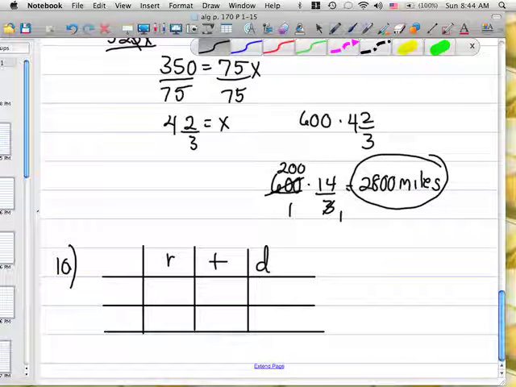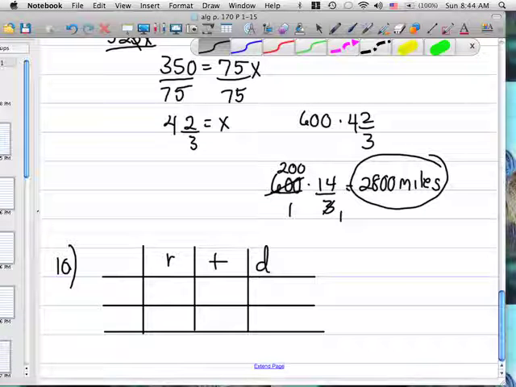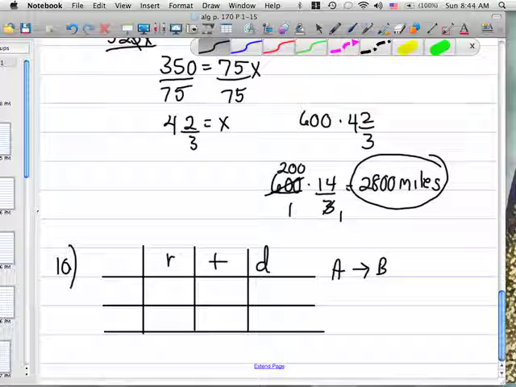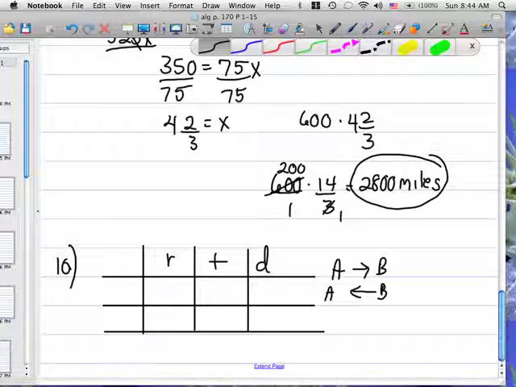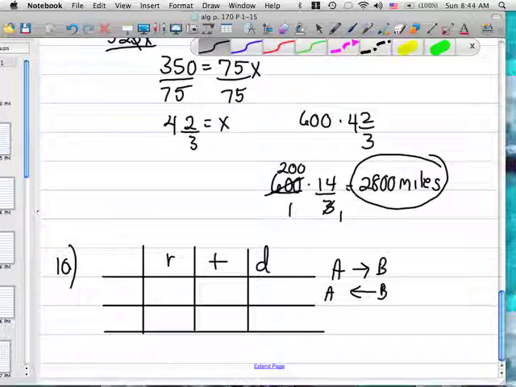And then problem number 10: it took Cindy 2 hours to bike from Abbott to Benson at a constant speed. So she's going from Abbott to Benson. The return trip, Benson to Abbott, took only 1.5 hours because she increased her speed by 6 kilometers per hour. How far apart are Abbott and Benson?